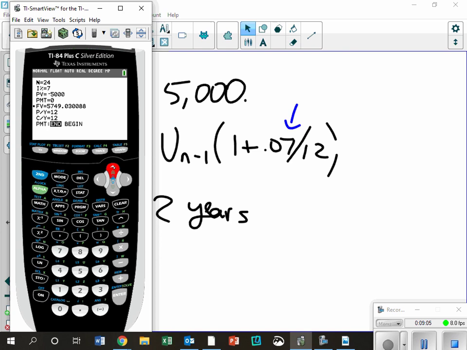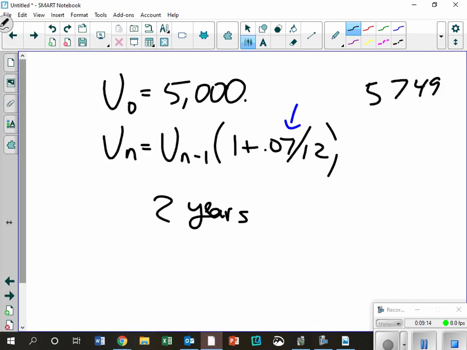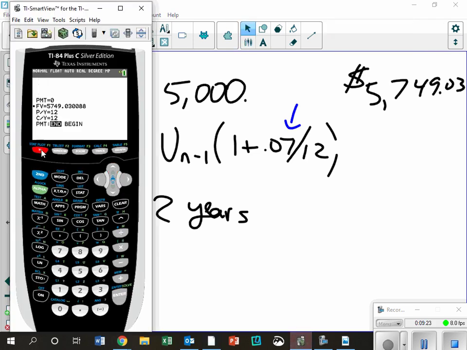All right, we're going to do one more little calculation just to kind of draw this all together. Remember, it was 5749.03. Let's do one last thing. Go back to sequence mode on your calculator with the Y= button.